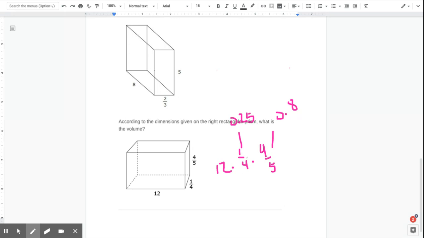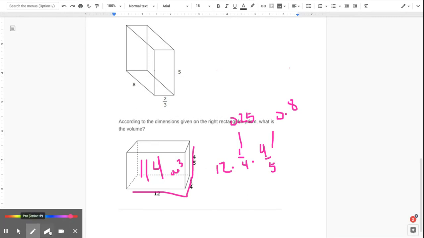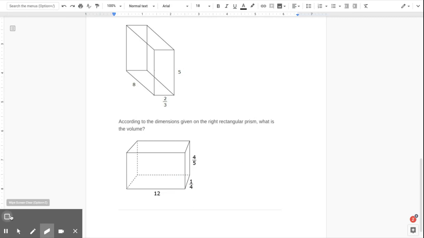I'm going to do 12 times 0.25 times 0.8, and I get 2.4, and that would be units cubed. Length times width times height. That's what we're looking at here. Now, let's look at a different issue that you'll see in the next set of questions.